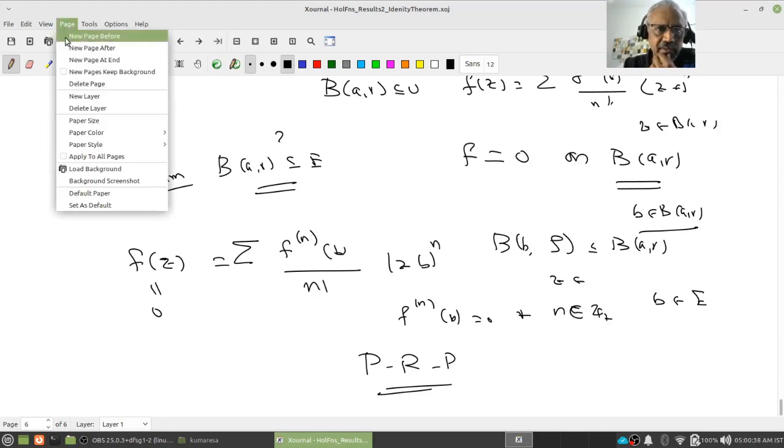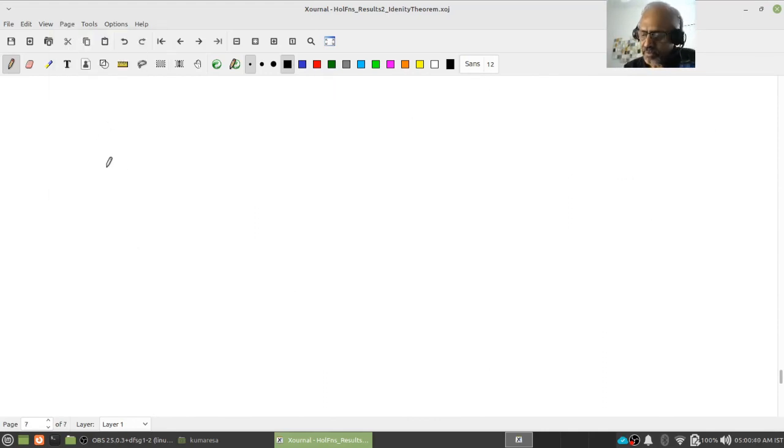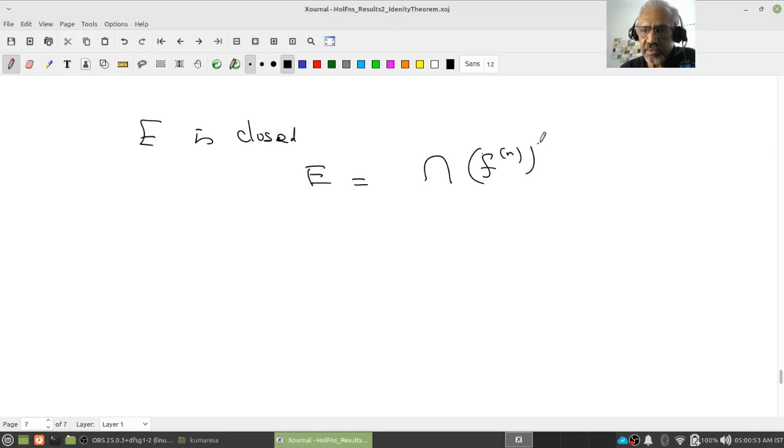That's very trivial. Why is E closed? Notice that E is the intersection of the inverse images of 0 under the nth derivatives, the set of all points z so that f^(n)(z) = 0, where n varies over 0 to infinity, right?